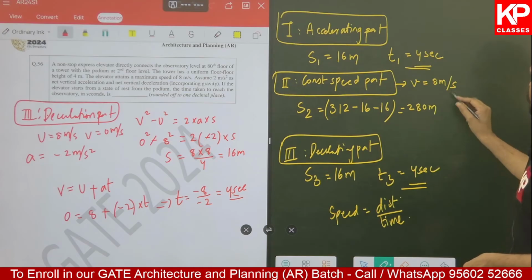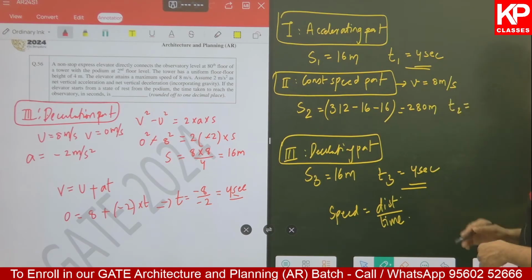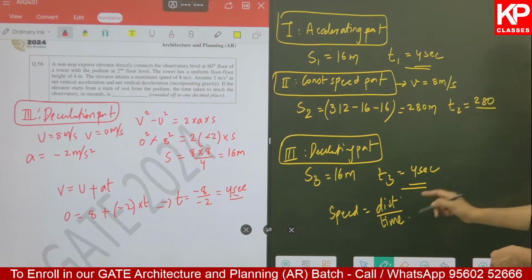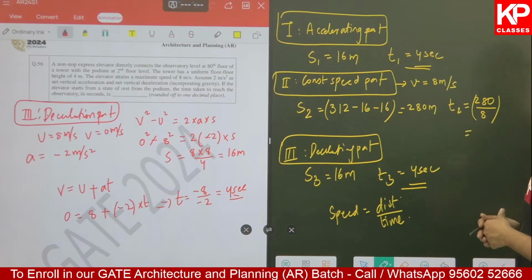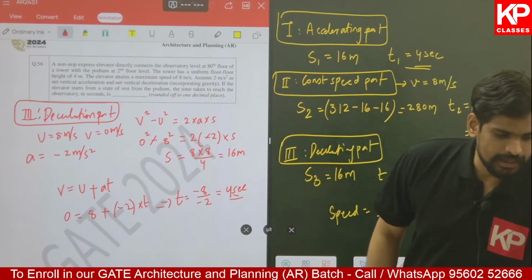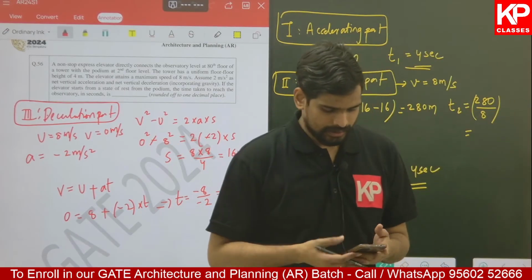So the time taken for the second leg, T2, will be the distance traveled, 280, divided by the speed, 8. If you simplify 280 upon 8, how much are you getting?